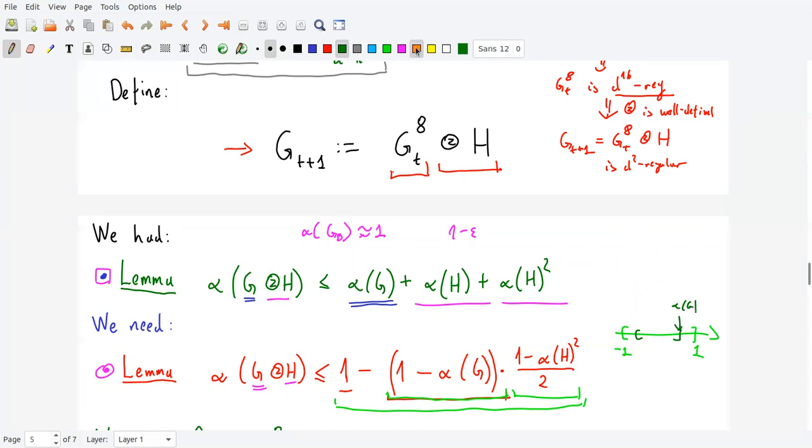Then alpha of G zigzag H will be somewhere here, where how much I go toward 1 depends on how good the spectral properties of H are. So this is a lemma that controls the zigzag product in the neighborhood of 1.